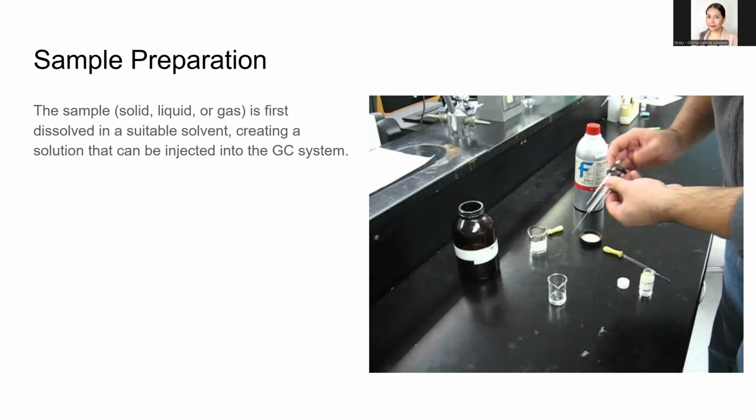So proper sample preparation ensures that the compounds of interest are concentrated and is in a form that's suitable for analysis. So it minimizes yung tinatawag na matrix effects, which can affect the accuracy and sensitivity of subsequent analysis. So well-prepared samples basically lead to more reliable results.